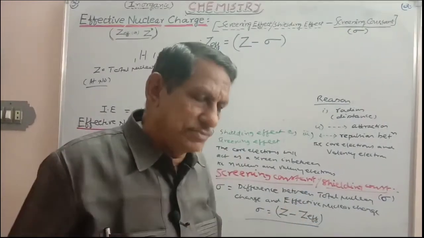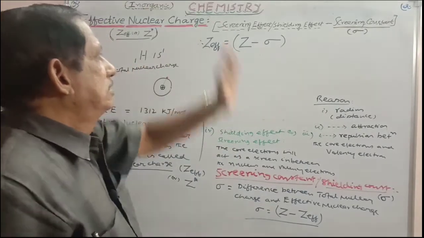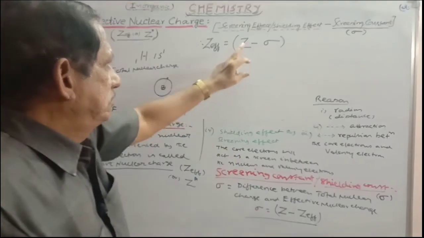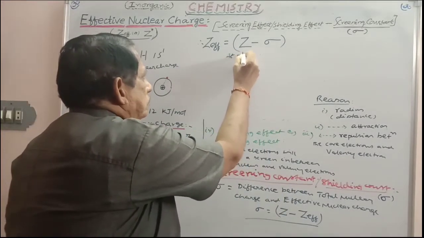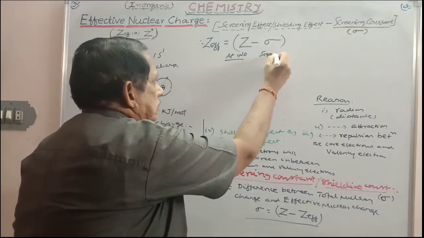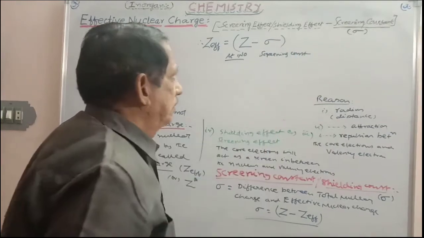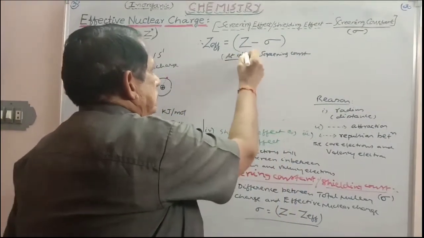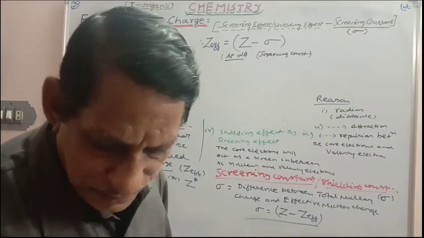For the same atom, it remains the same. So here Z effective is equal to Z minus sigma, where Z is the atomic number, total nuclear charge, sigma is the screening constant. At this stage, just consider one example here.